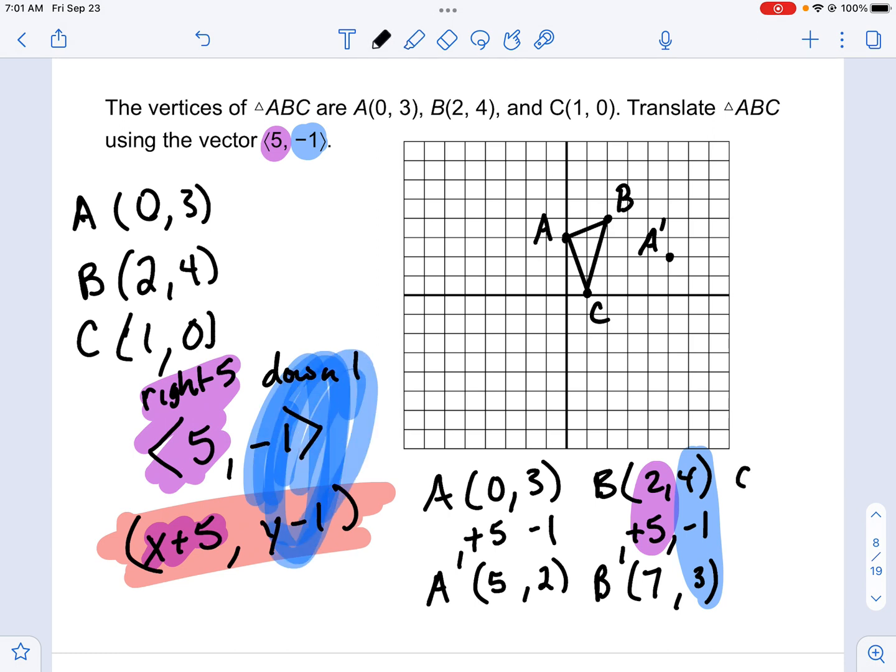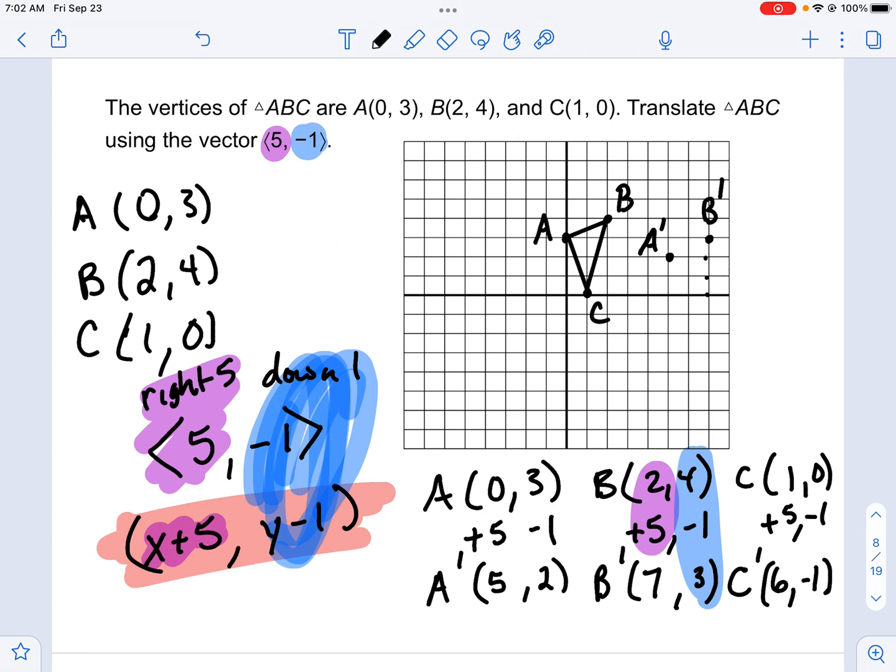And the last one, we're moving C. C is 1, 0. The rule says to add 5 and subtract 1. So we get 6, negative 1. How many times has C moved? Once. So it's C single prime. So B is at 1, 2, 3, 4, 5, 6, 7. 1, 2, 3. There's B prime.